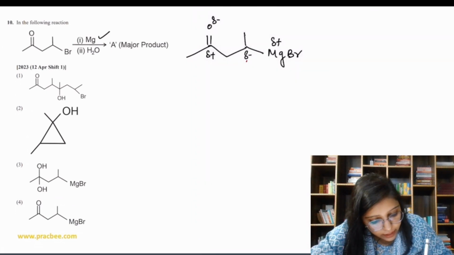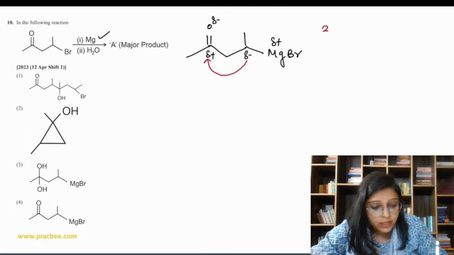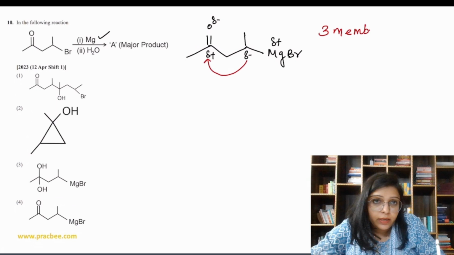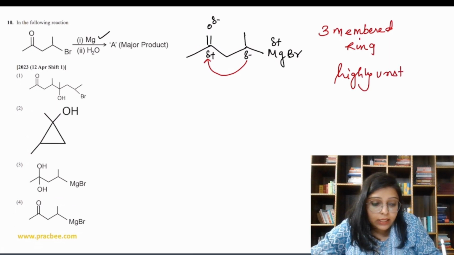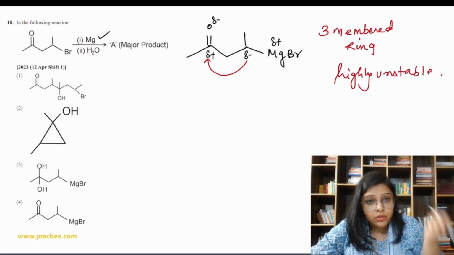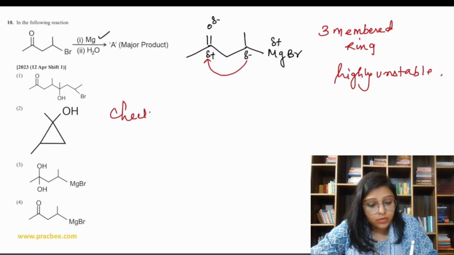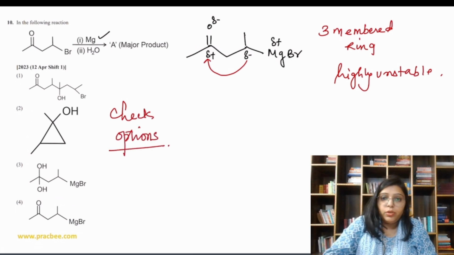If delta negative attacks over here, we get a 3-membered ring, which is highly unstable. Now, next step, check the options. So what are we going to do?